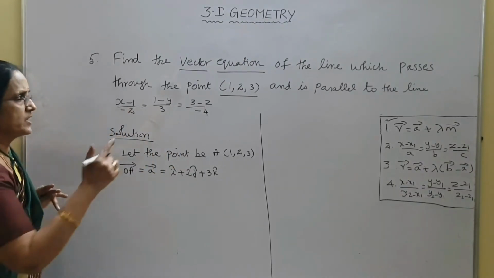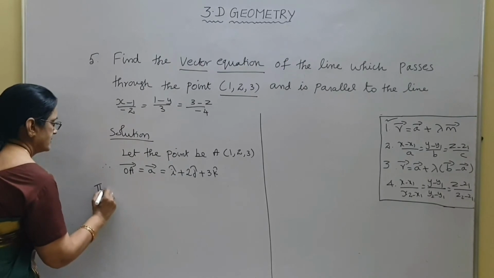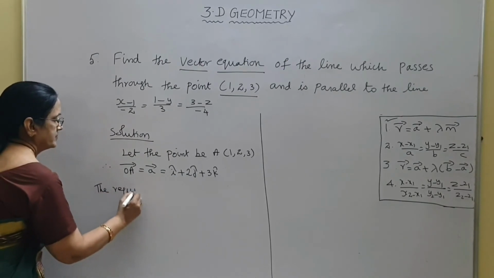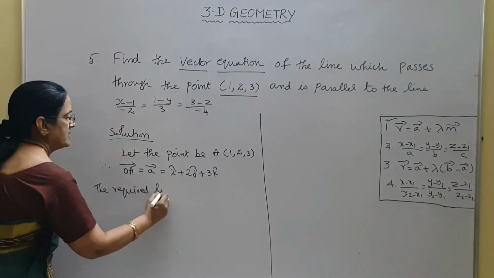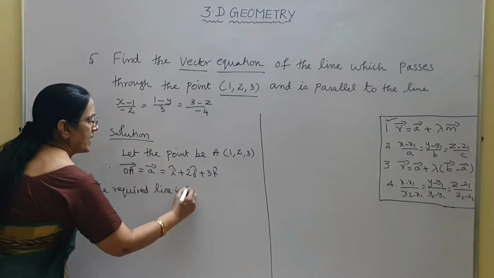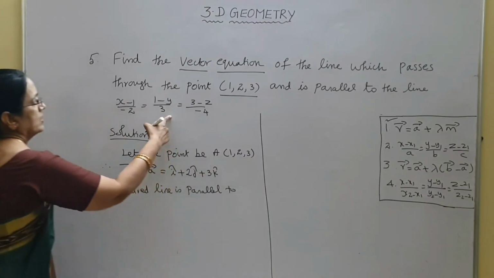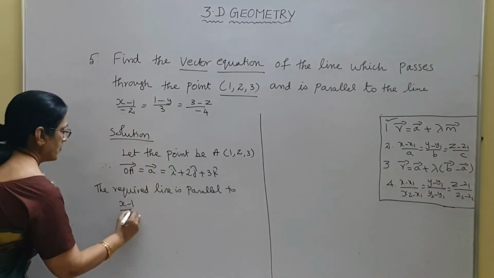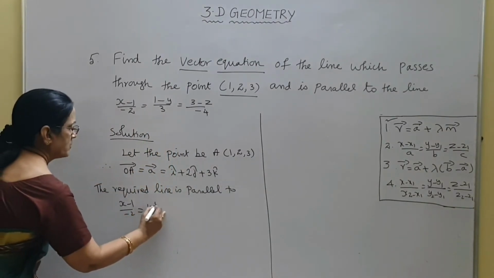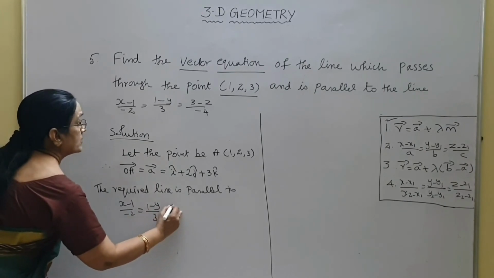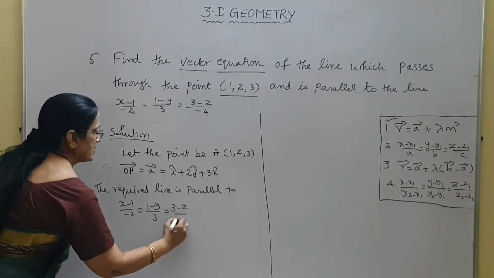So what is given to you? The required line is parallel to (x minus 1)/(minus 2) equal to (1 minus y)/3 equal to (3 minus z)/(minus 4).